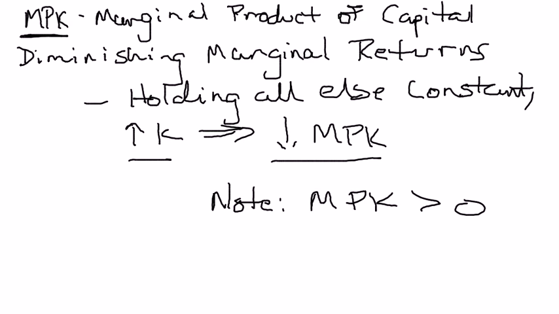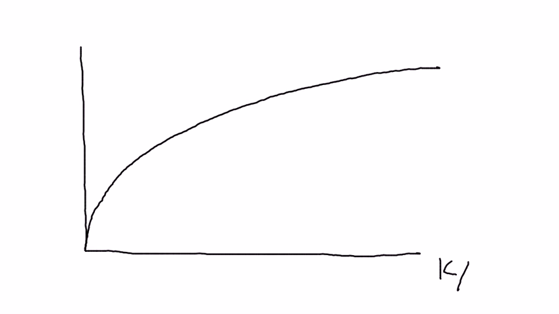Okay, one other thing I want to point out that I don't think was necessarily clear in the last video. If you take a look at your aggregate production function, here's my capital labor ratio, and here is labor productivity on the vertical axis. Just go ahead and pick a point, and here's your capital labor ratio.